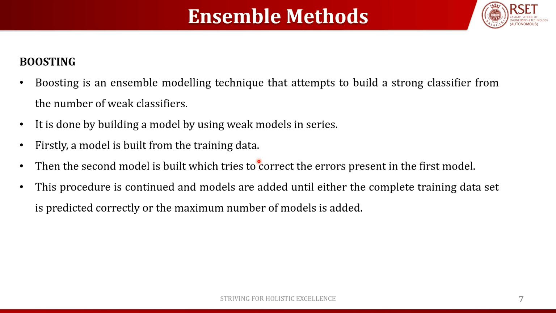So that is done by giving more weight to the data points that the first model misclassified. And this procedure is repeated with each new model learning to correct the mistakes of its predecessors. And this will continue until either the complete training set is predicted correctly or we reach a predefined maximum number of models. So boosting is incredibly effective for improving the model's performance, especially on complex data sets.